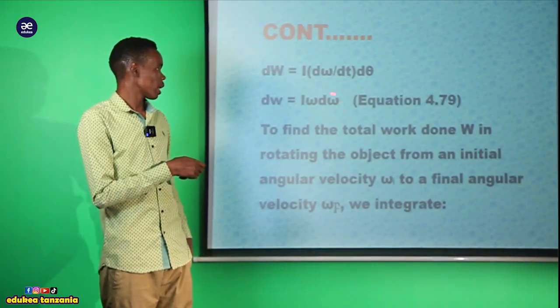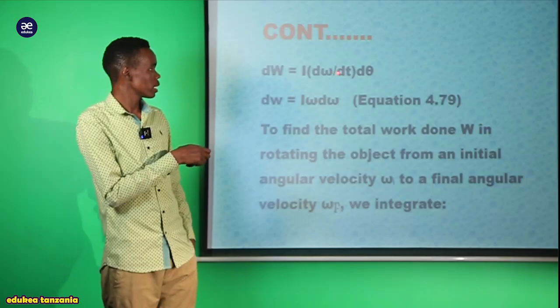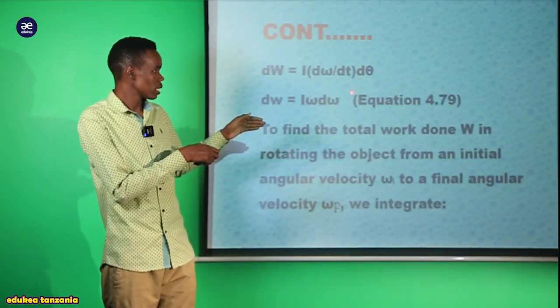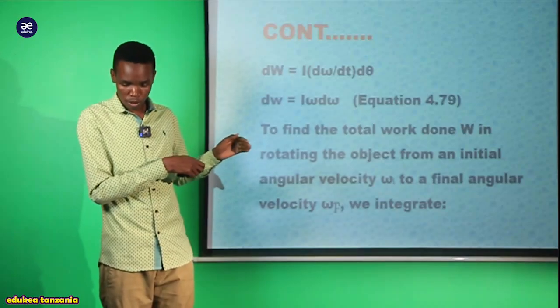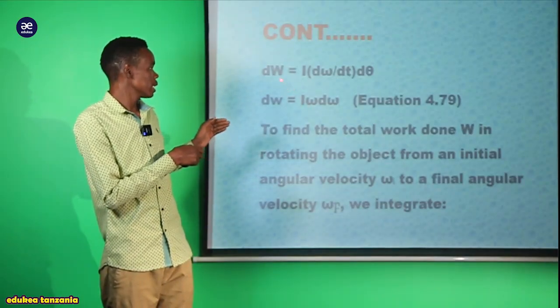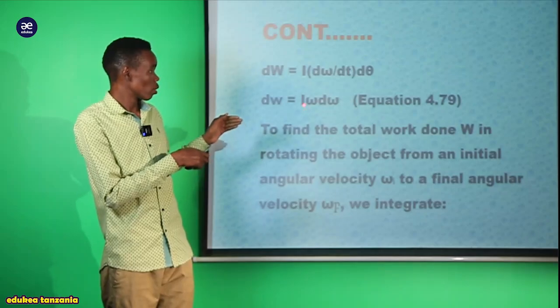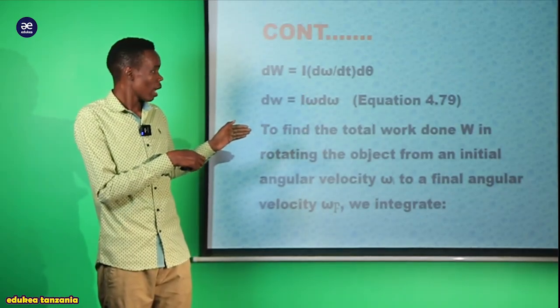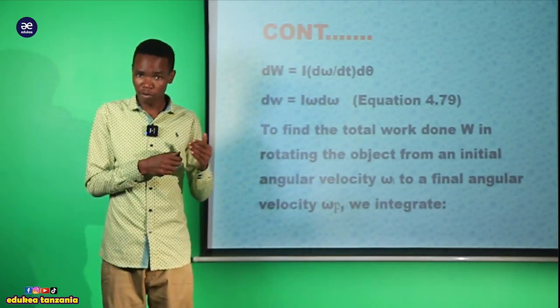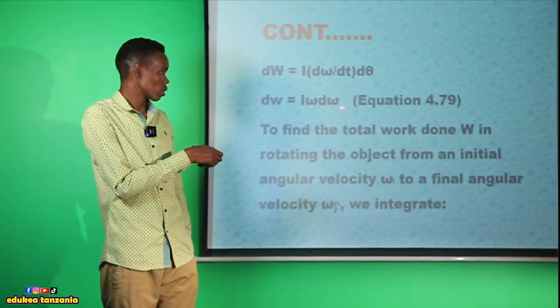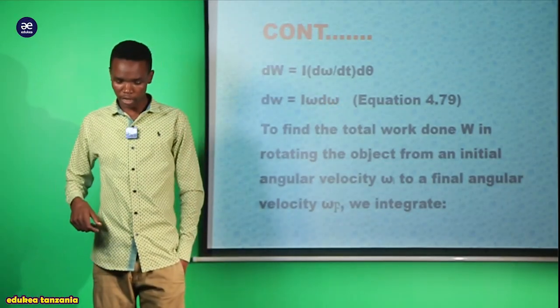Now, if we simplify, we take the theta divide by the t, tutakachokipata pale tutakuja kupata kuwa kumbe dw atakuwa ni sawasawa na moment of inertia, alafu tuna times by the angular velocity, tuna times na dw, as we try to see here, my dear students.